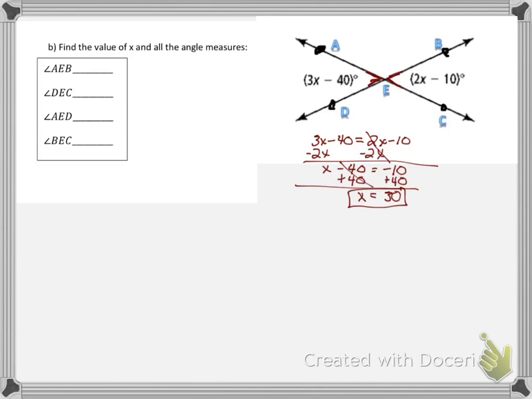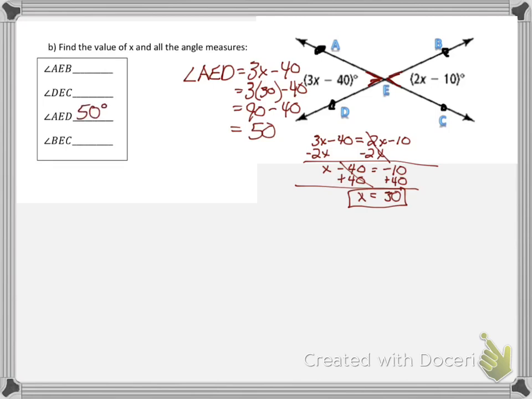And so the next thing that we have to do is figure out what angle AED is, which is 3x minus 40. We said that x equals 30, so that's what we're going to substitute, which is 90 minus 40, and 90 minus 40 is 50. So now we know that angle AED is 50 degrees.